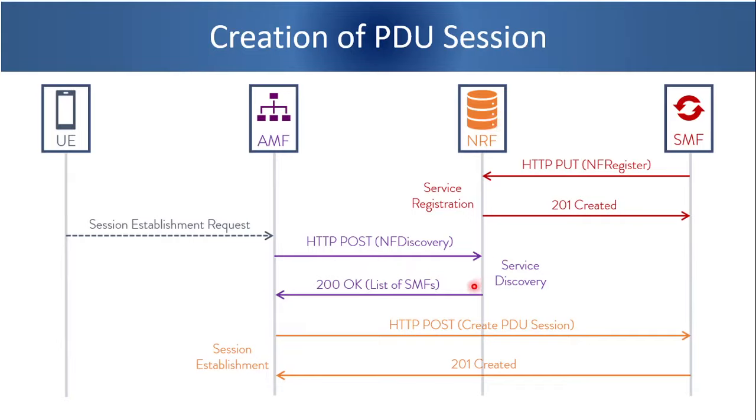It gets a list of SMFs along with their IP address or domain URL, and then it decides which SMF will actually handle that call, and tells that particular SMF to create the PDU session. Once the PDU session is created, a completed command goes to the AMF. So this is how a PDU session gets created in a very simplistic way.